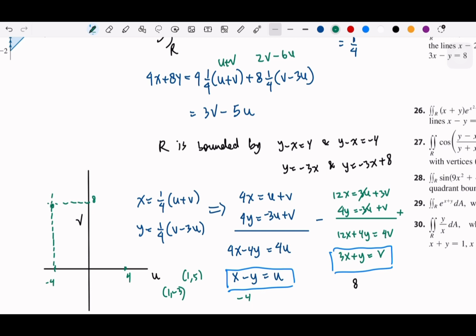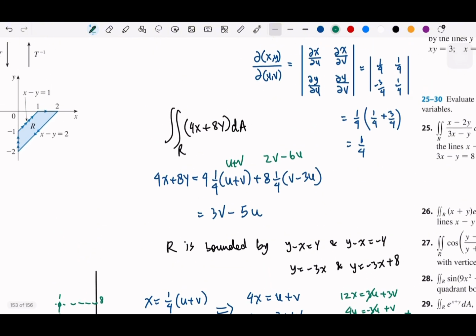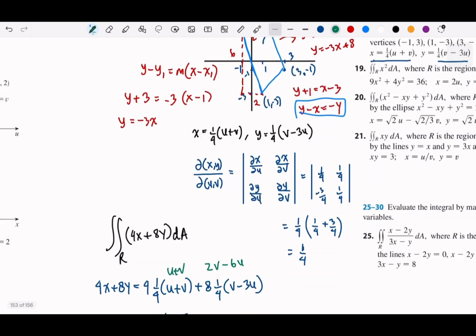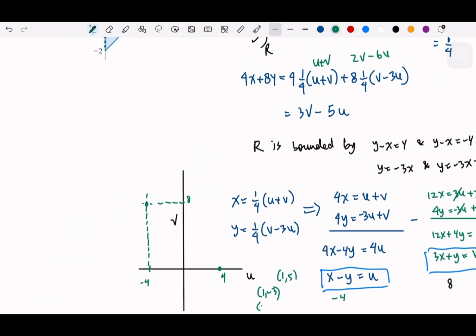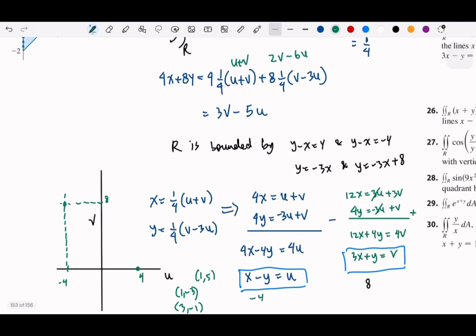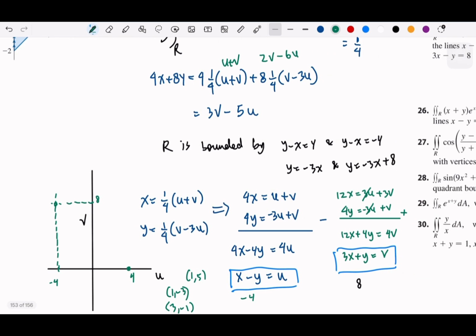This point. And then try 3, negative 1. 3 plus 1 is another 4, and 9 minus 1 is 8, so this one is here.